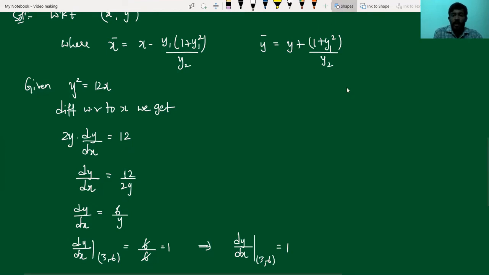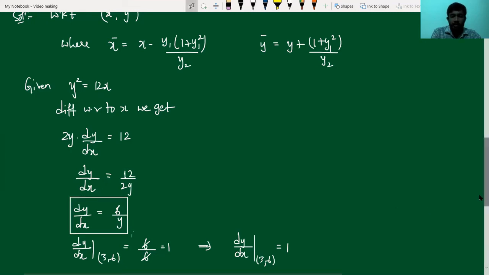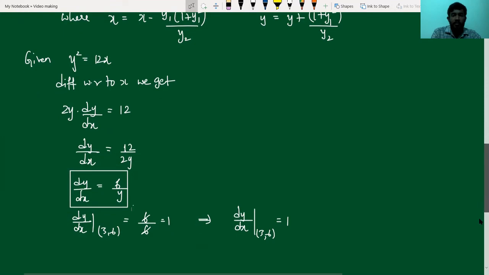In the same way, I differentiate this equation one more time with respect to the variable x in order to get the second order derivative.